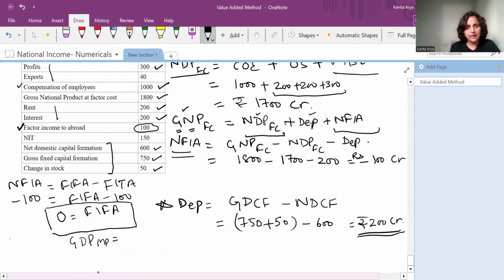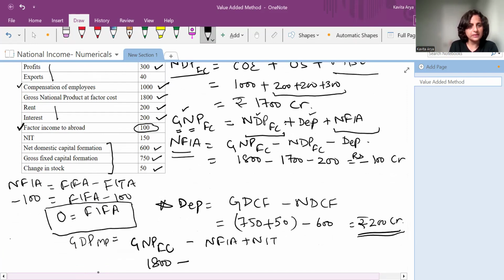So I'm using GNPFC. GNPFC is given to be 1800, right? So G and G are same. N minus NFIA will give us D and FC plus NIT will give us MP.